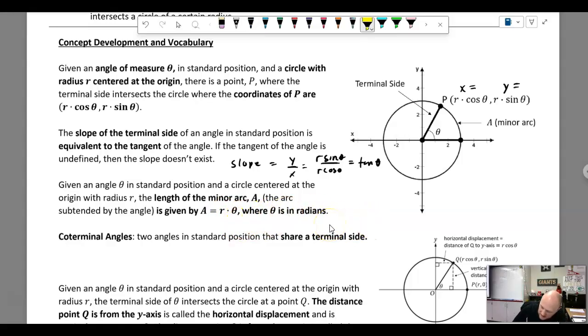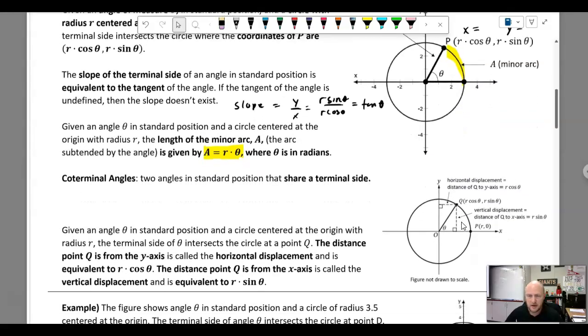So they're just saying this arc here is going to be equal to r times theta. So go ahead and put a box around that, underline that. That's a formula that you just need to know. Okay, so I would store it somewhere in your calculator notes, so it's there for a rainy day. Make a flashcard of it so you can remember it. Okay, A equals r theta.